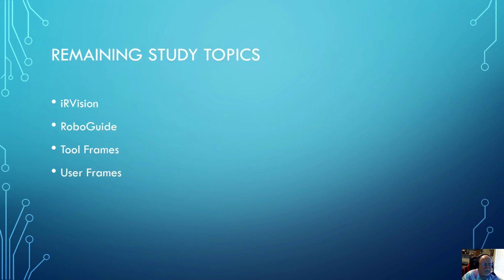So remaining study topics, we've got the IR vision. Now, I don't know if we're going to actually do any labs with that, because Joe had this stuff unpublished, and I just published it and stuck it in Module 9 because that was the field trip module, and we're not going to do that. So I thought it would be a good time to go through the IR vision stuff.